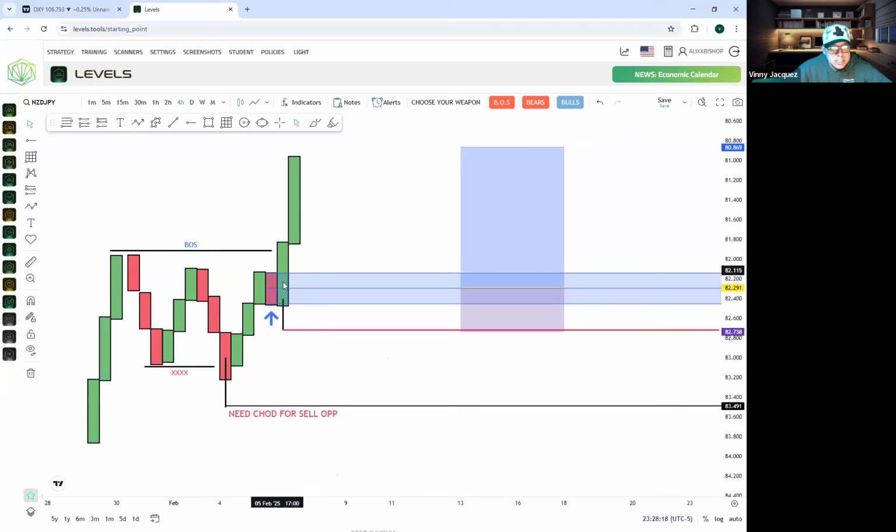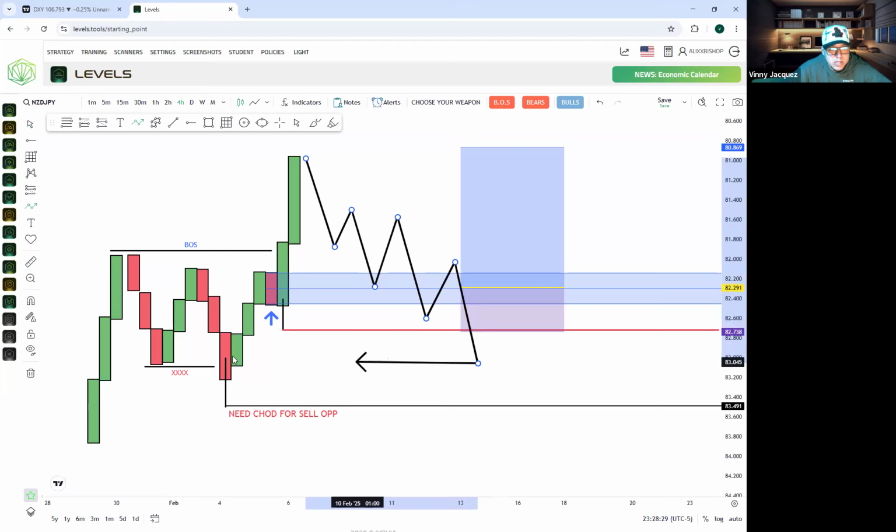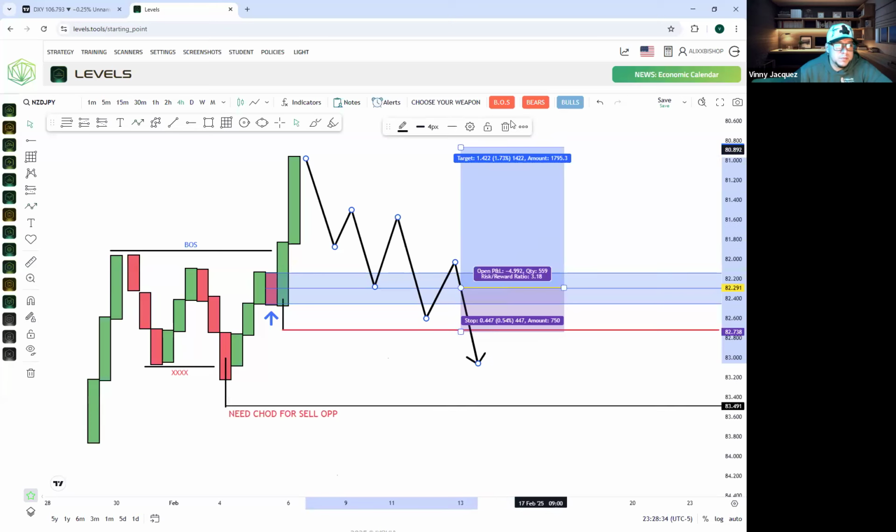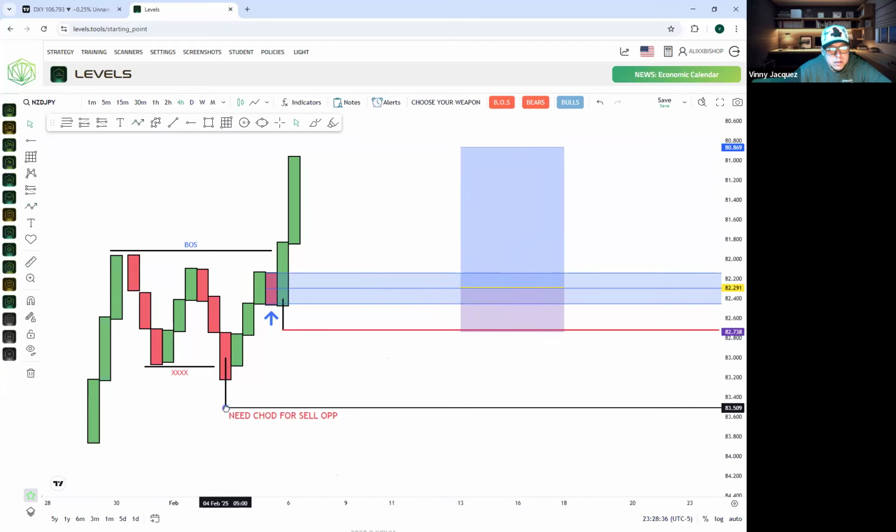Now, because I have a starting point here, this is my first entry. The market can definitely come back, give me some profit, but it can also continue back down a little bit, come into this right shoulder area and then continue up higher. So for me, I want to see the main low get taken out, right?